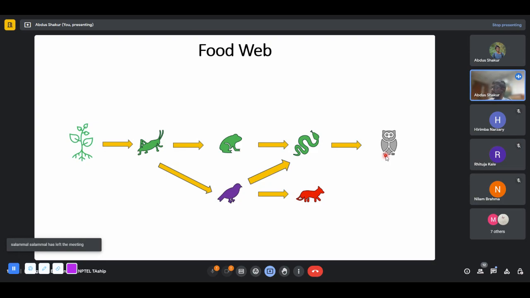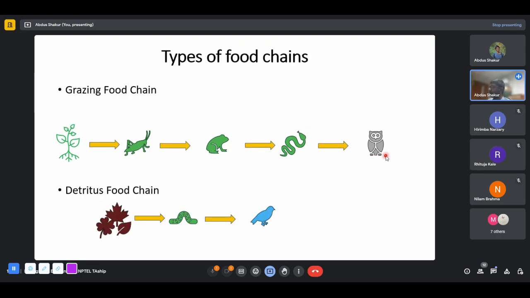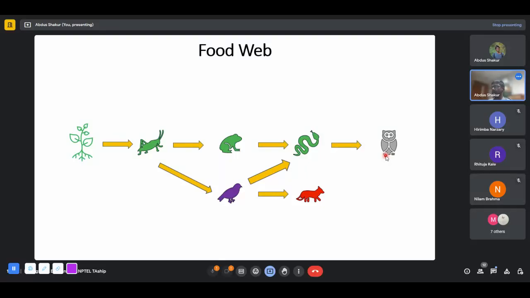There are these cross interactions that happen very much. So when you include those interactions to study together, you refer to them as a food web. It's not just a food chain, it becomes a food web.